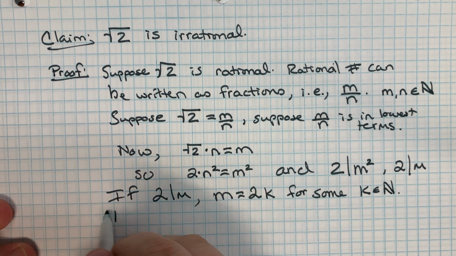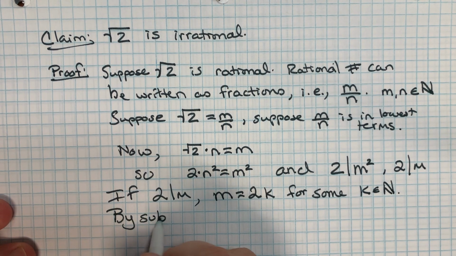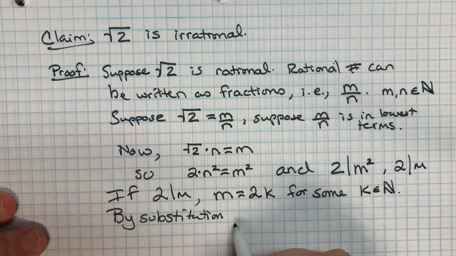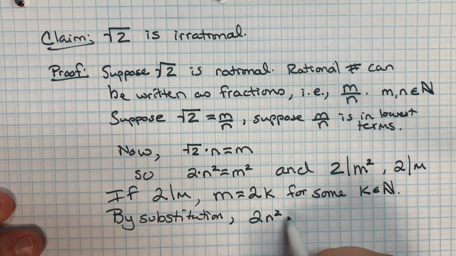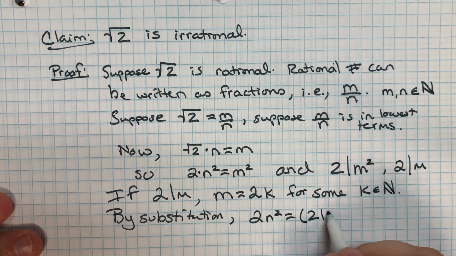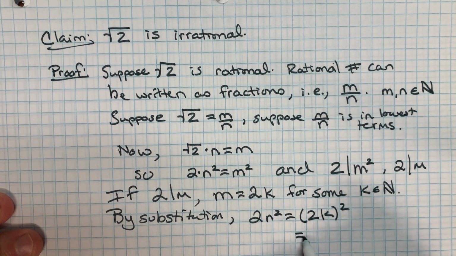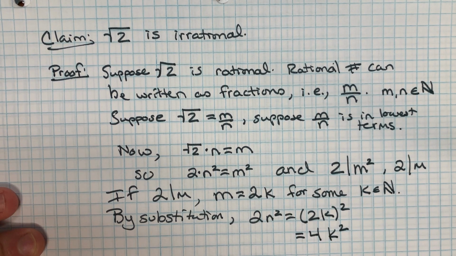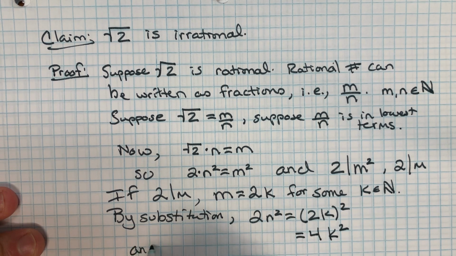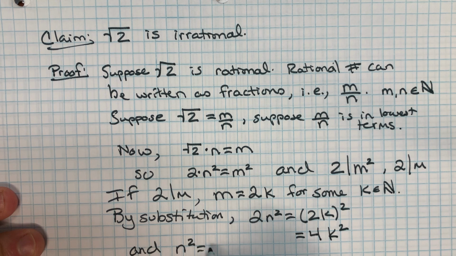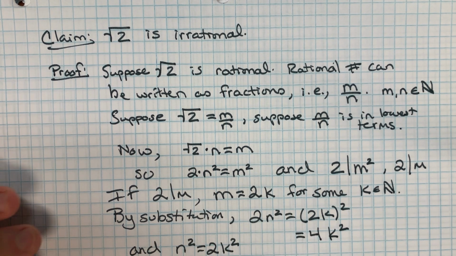But if we substitute that, 2n squared equals (2k) squared. Well, that means 2n squared equals 4k squared. And if I divide both sides by 2, n squared equals 2k squared.